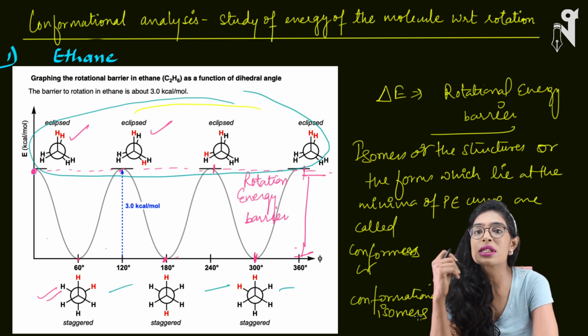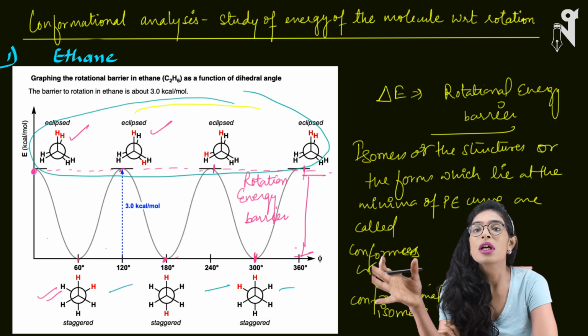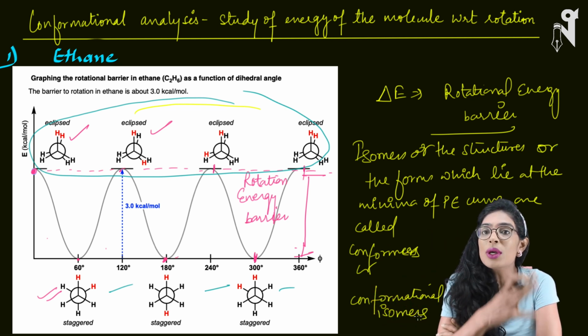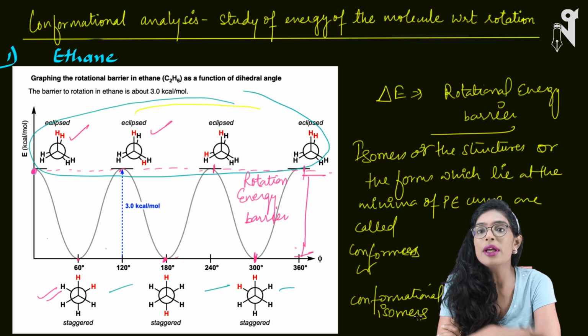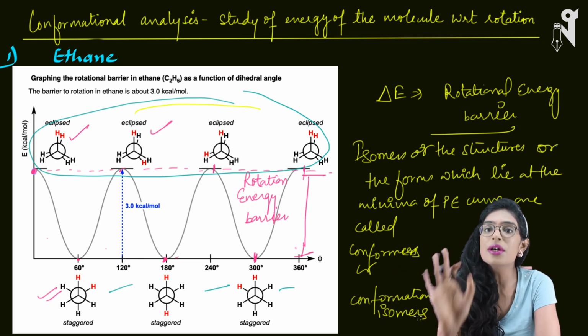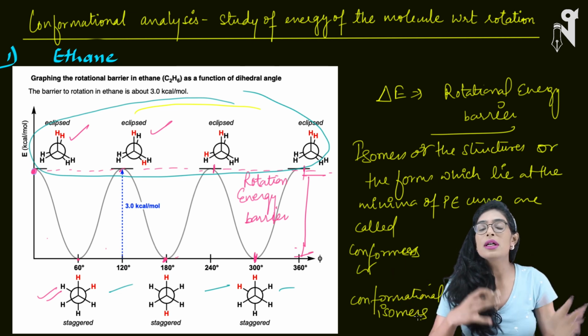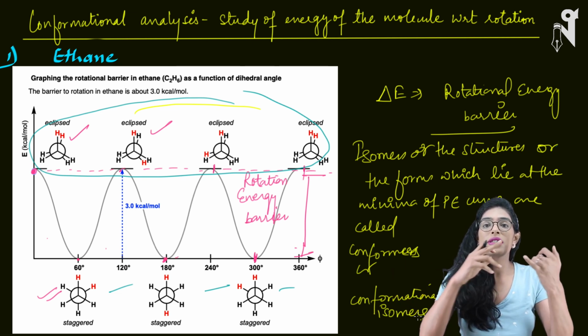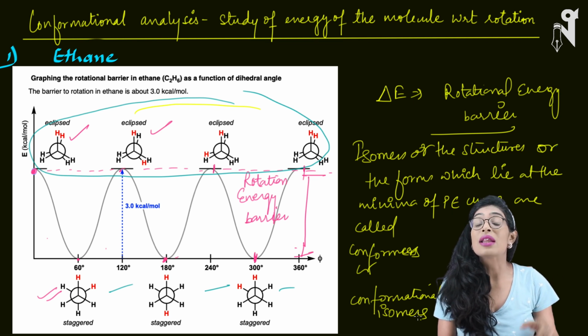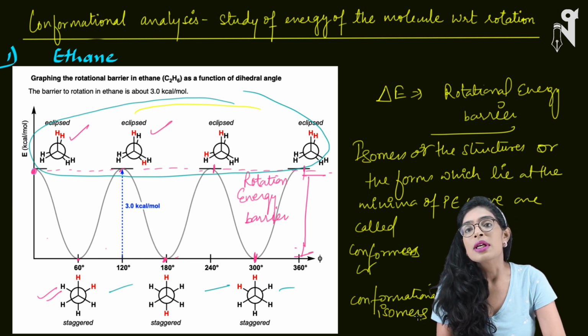But in general, you will see in the questions they will ask what all different conformational isomers there are. Ideally, conformational isomers are the ones which are the stable ones. The unstable ones, or the ones which have very high energy, are not considered conformational isomers. But in many books you will see that staggered and eclipsed both are conformational isomers of ethane, and the most stable one is the staggered one.